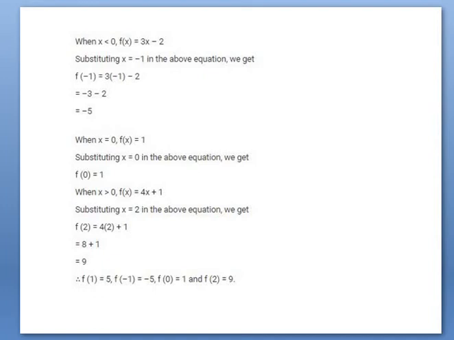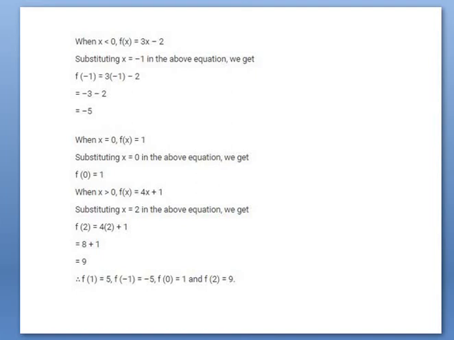Now minus 1 is less than 0. So that's why I have taken this case. So f of x is equal to 3x minus 2 for x less than 0. So substituting the value of x as minus 1, I will get 3 into minus 1 minus 2, which is minus 3 minus 2, which is minus 5. That means for x equals minus 1, f of x is equal to minus 5.